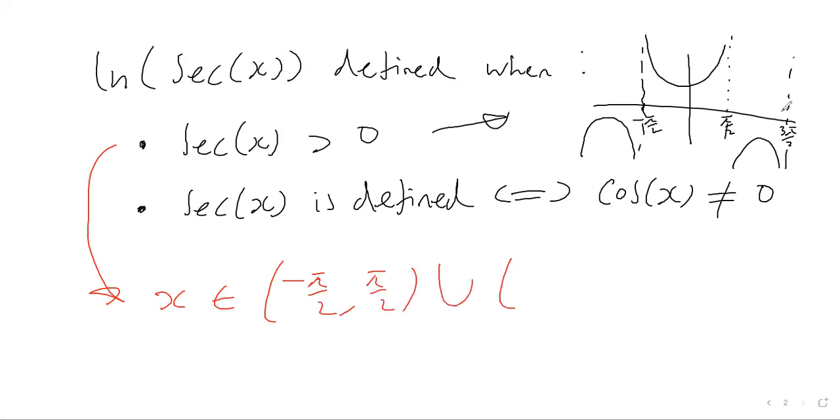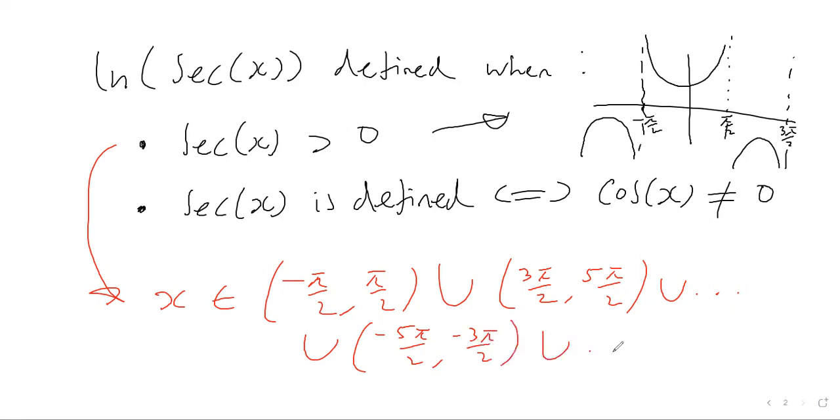And also, if we continue in the positive direction from 3 pi over 2 to 5 pi over 2, and so on and so on. And also in the negative direction too. So negative 5 pi over 2 up to negative 3 pi over 2, and so on and so on.